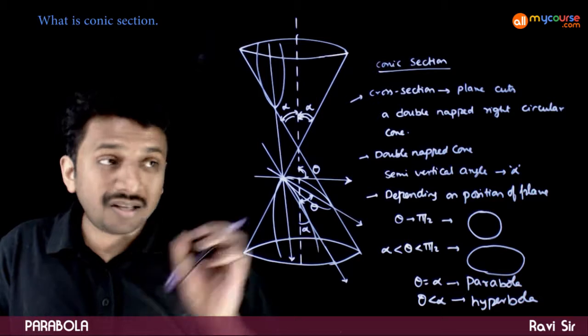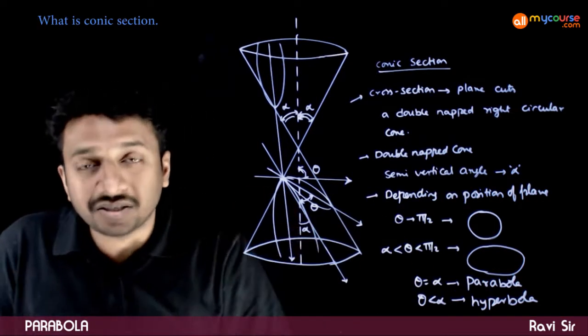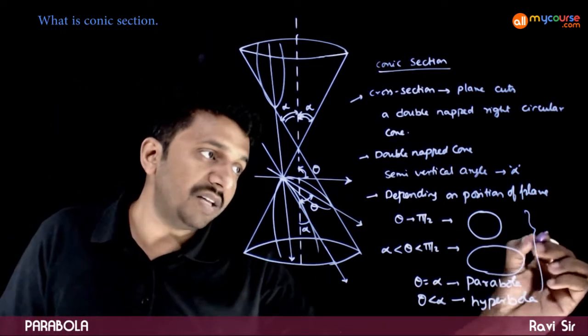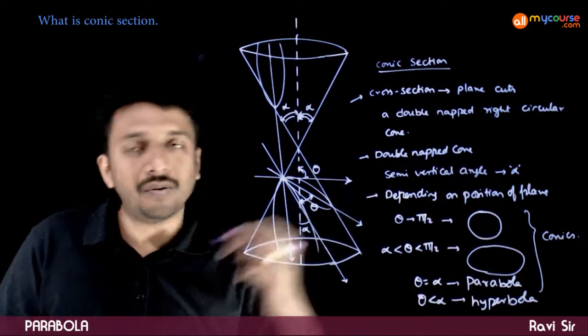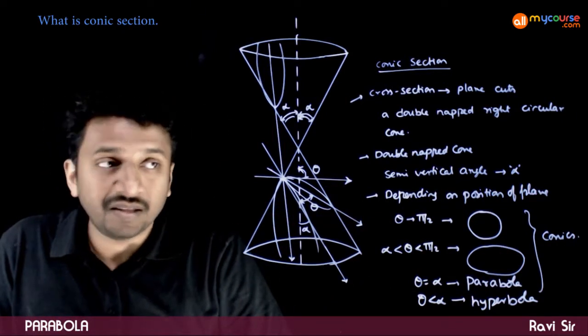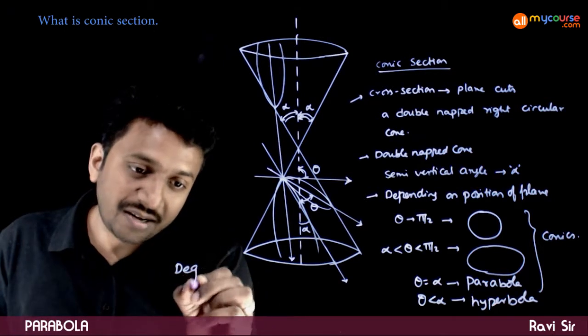So depending on the position of the plane, you get different cross sections, all of which are examples of conics or conic sections.